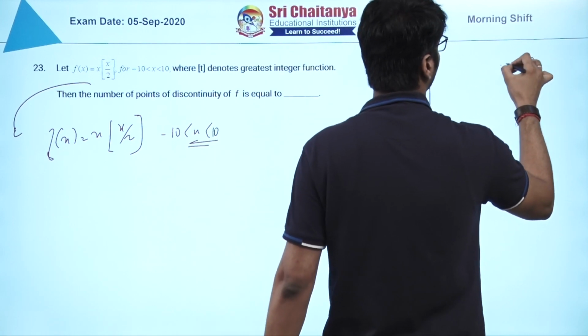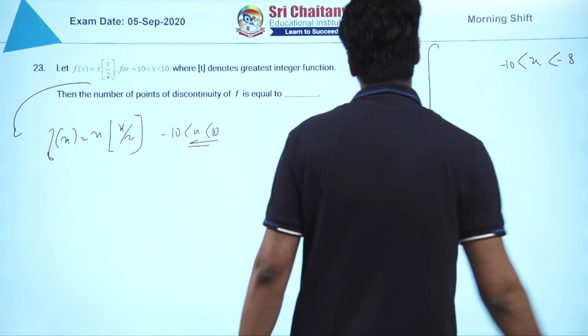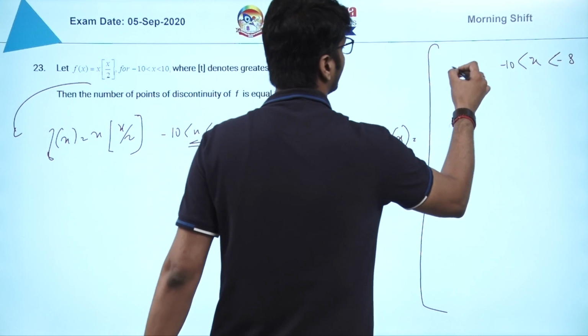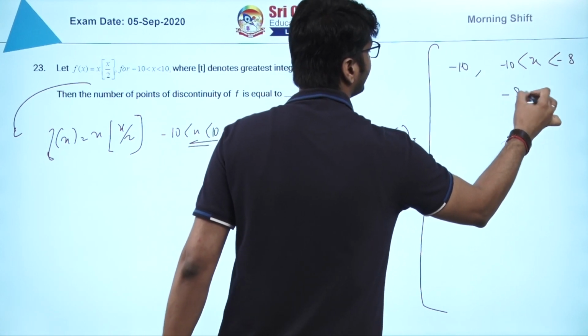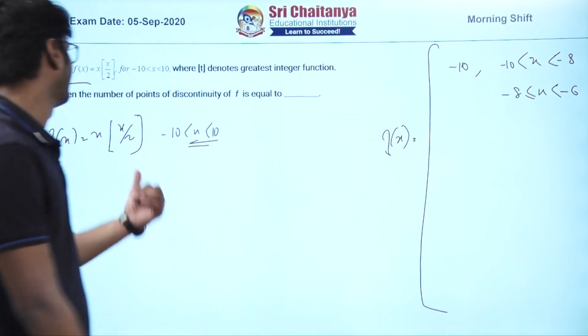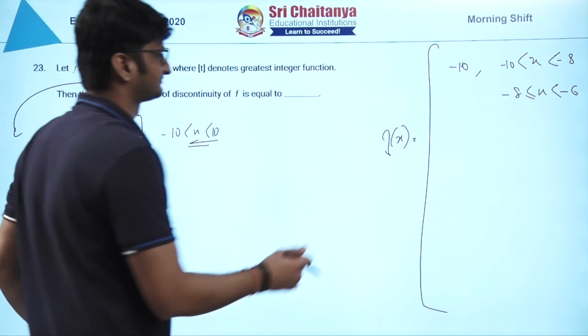So, x is from -10 to -8. What definition will you get? For -10 only. Look carefully, beta. From -8 the equal sign will be applicable here. -8 to -6. If you put -8 here, what value will you get? Sorry.